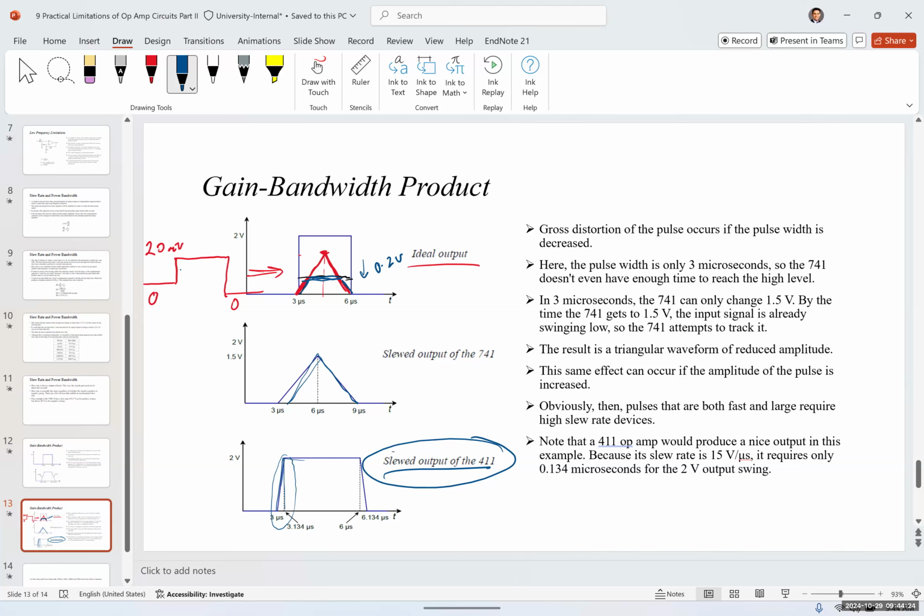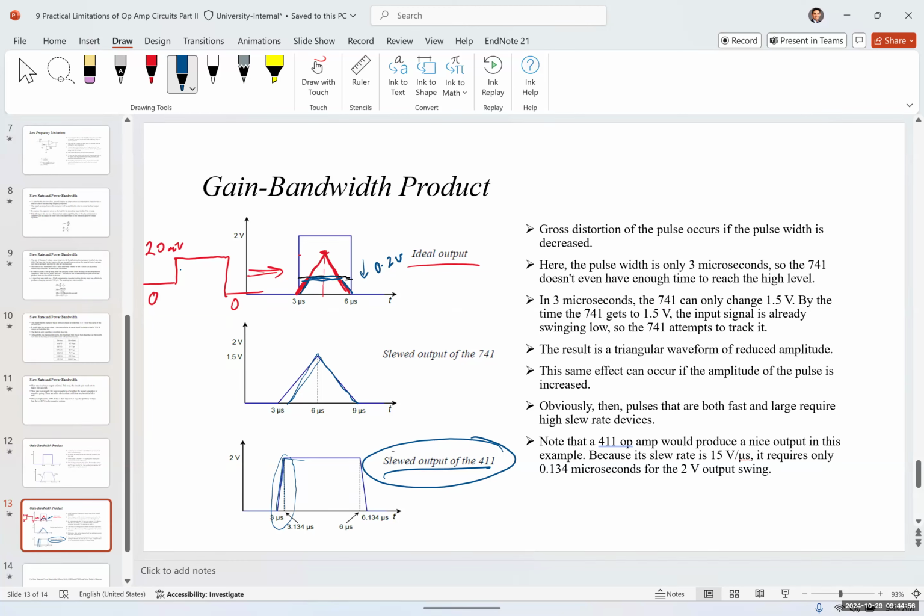We already know from the previous chapters that the 741 has a gain bandwidth product of around 1 megahertz and a slew rate of 0.5 volts per microsecond. With feedback, that's going to reduce it maybe to 200 kilohertz. The audio signal is usually around 20 hertz to 20 kilohertz, so it's in the range where the 741 op amp is going to function perfectly.